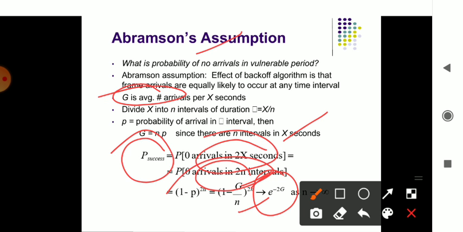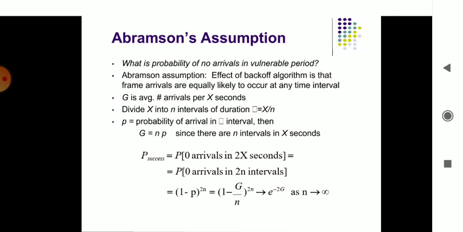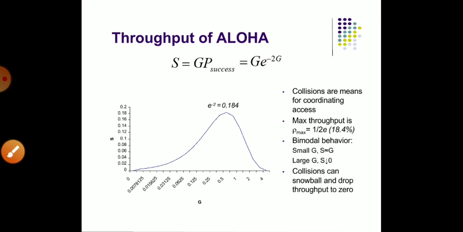Okay, you can't say how many frames are being arrived in the network. So it is infinity. Okay, so it is e to the power minus 2G, exponential to the load which is being considered. So here the throughput of the aloha is S is equal to GP, where P is nothing but e to the power minus 2G.